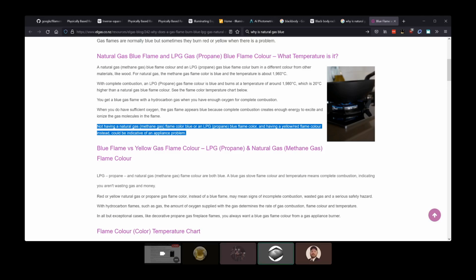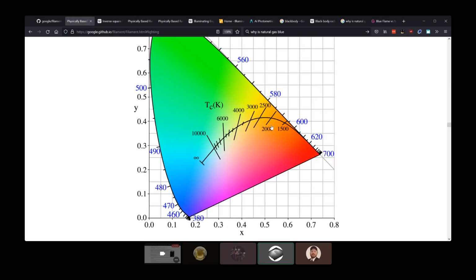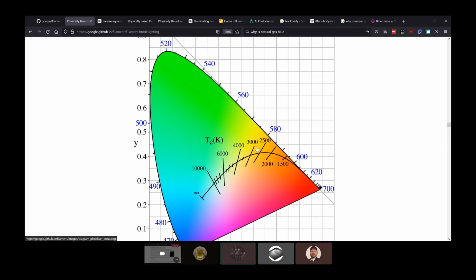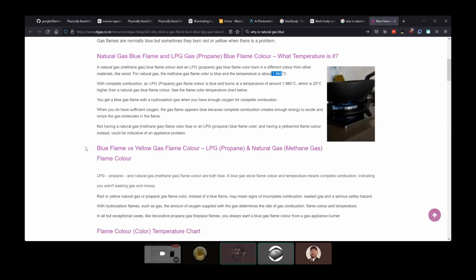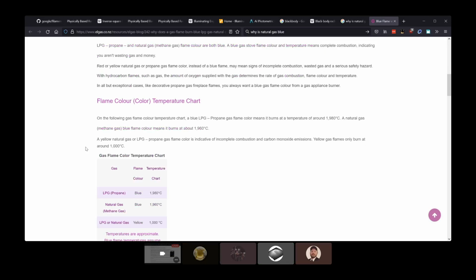This is saying it burns at about 2000 degrees Celsius, but if you look over here, 2000 degrees Celsius is deep in the orange. It's not a black body radiator, it's just gas ionizing. It's a fun chemistry experiment I did in high school actually.